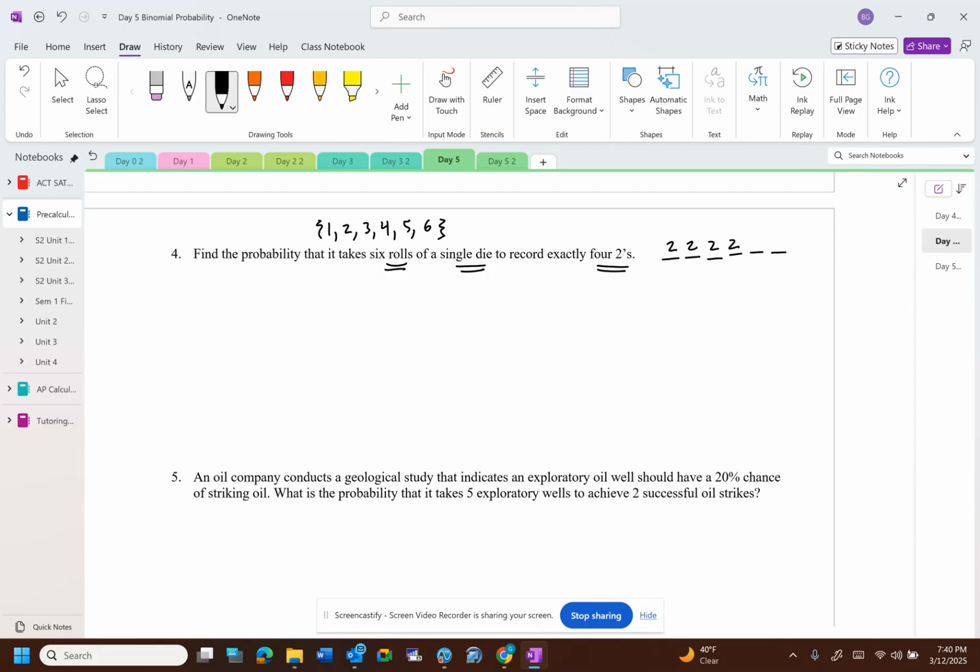But that's not what it's telling me. It's telling me that I've got to have a success on the last trial. I've got to get a 2 here. Have to. Okay? So see if you can calculate that probability. I'll give you a minute to figure that out.